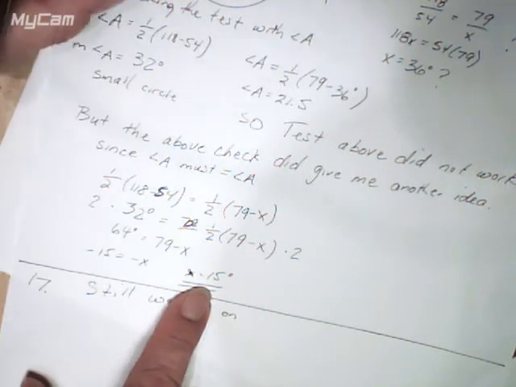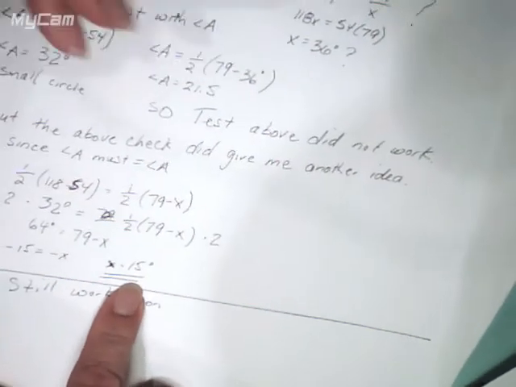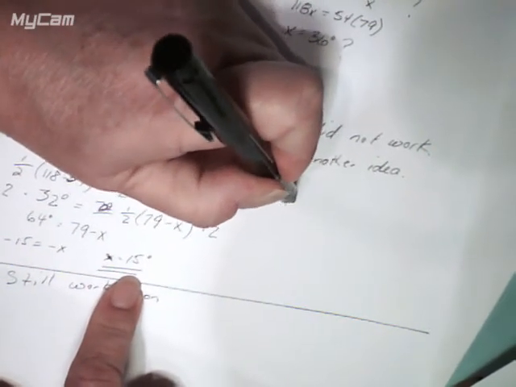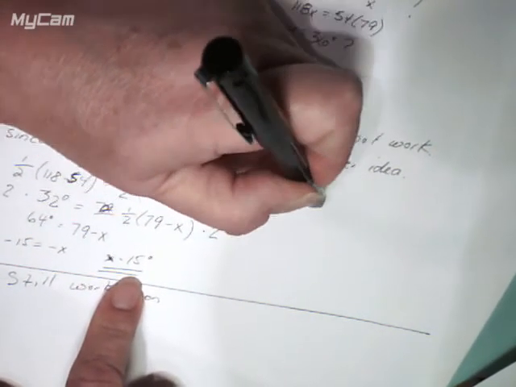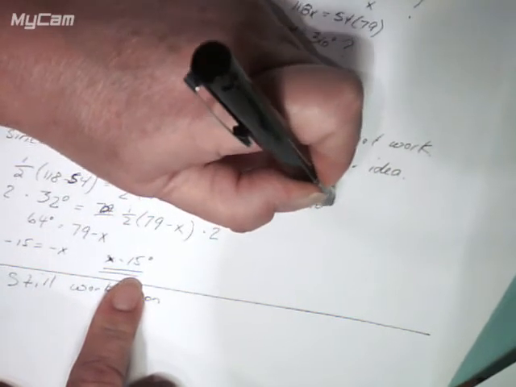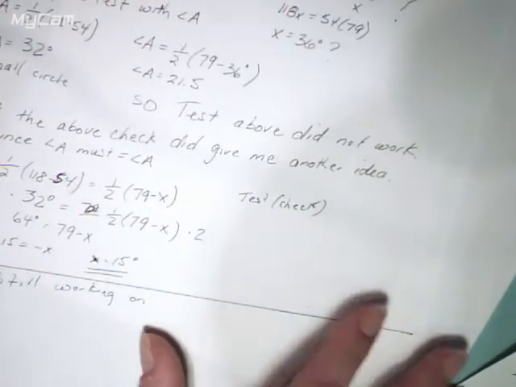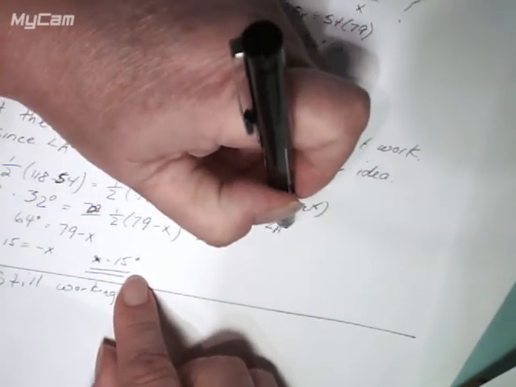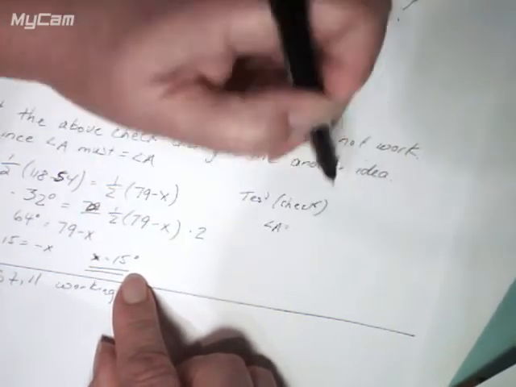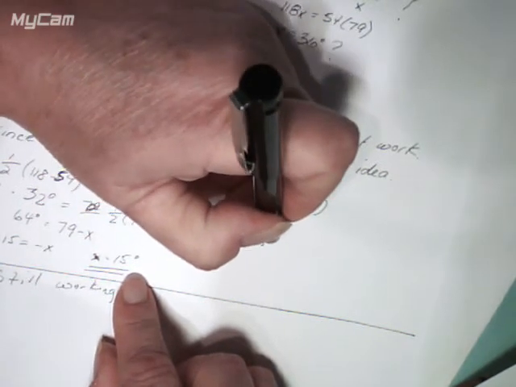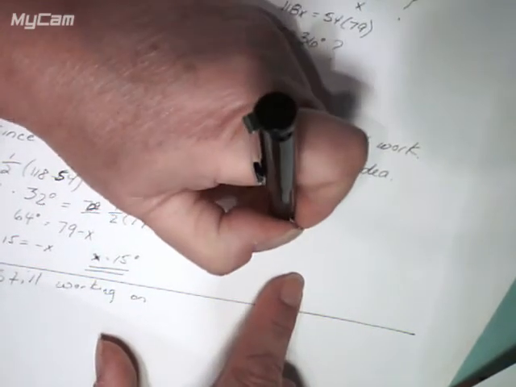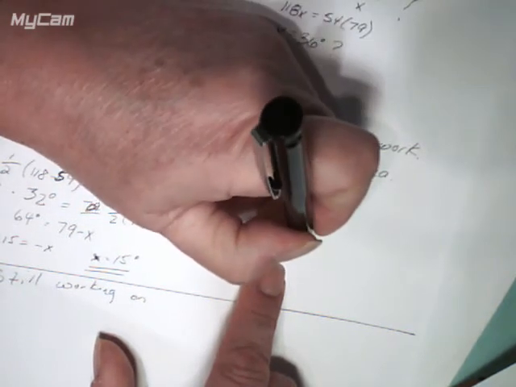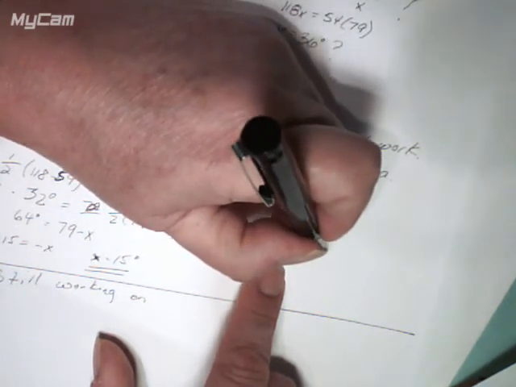And then I can test this. So with 15 degrees, angle A should equal 1/2 of 118 minus 54.